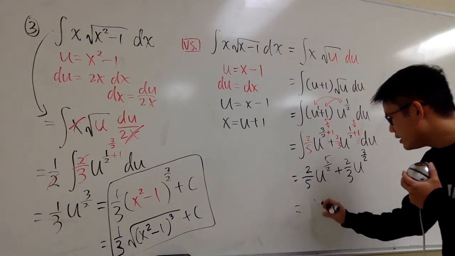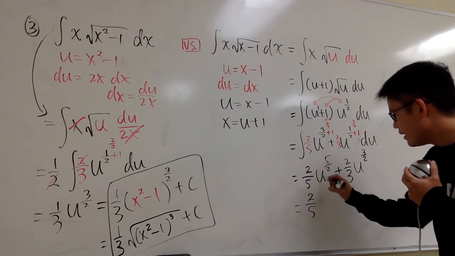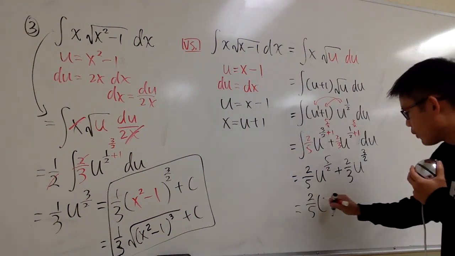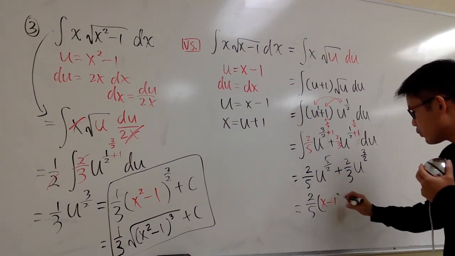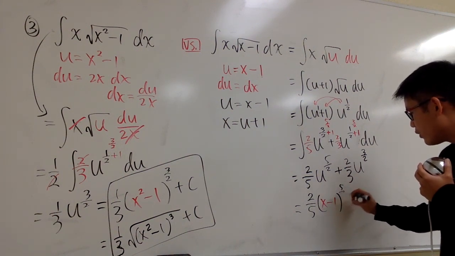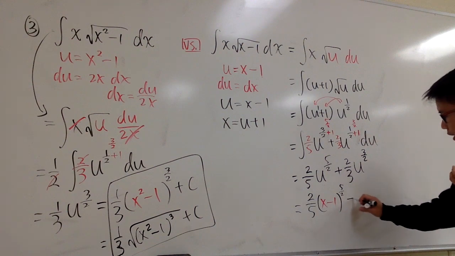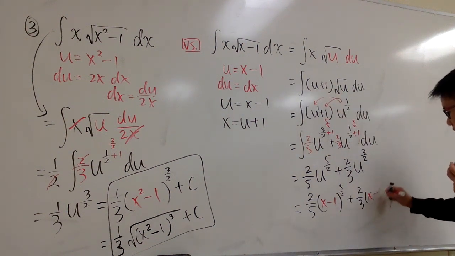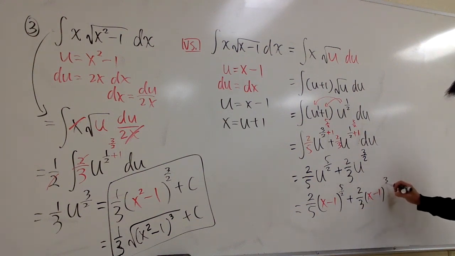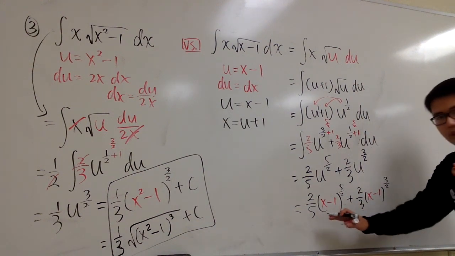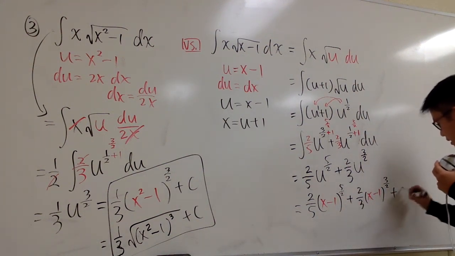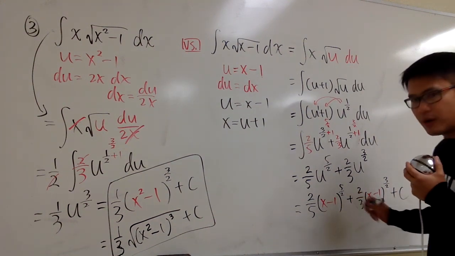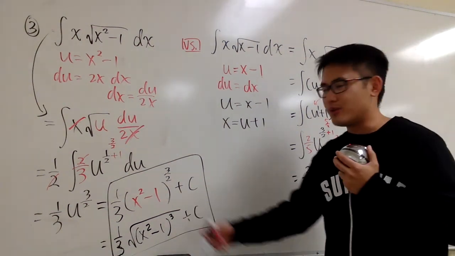Well, this is going to be 2/5, and u is x minus 1, so let's put down x minus 1 raised to the 5 over 2 power, and then we add it with 2/3. This u is x minus 1 also, and then this is 3/2 power. You can present this answer, or you can write the half power as square root, just like how we did it right here.